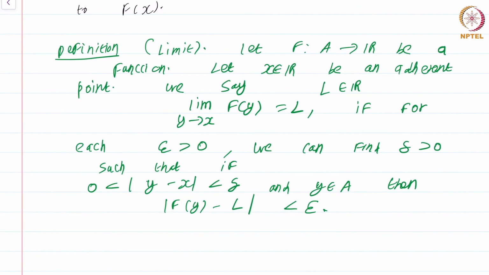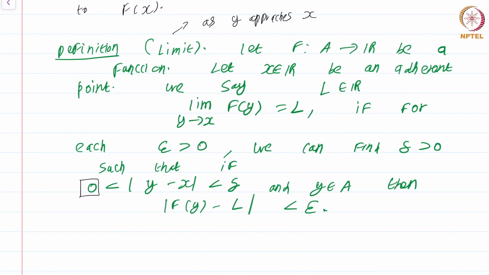Only difference is we are specifying this 0 less than mod y minus x is less than delta. The reason is this is the definition of limit as y approaches x. If I did not put this 0 less than, the point x certainly satisfies mod x minus x is less than delta, and if it happens that x is in A, then you can just see that something is going to go wrong.